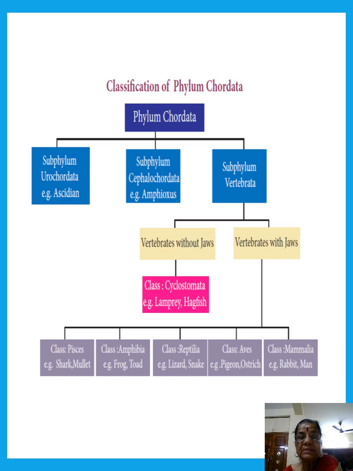Without jaws is Cyclostomata, examples hagfish and lamprey. With jaws are Chondrichthyes, Osteichthyes, Amphibia, Reptilia, Aves and Mammalia. Examples: shark and mullet, frog, lizard and snake, pigeon, rabbit and man. This is for phylum Chordata classification.